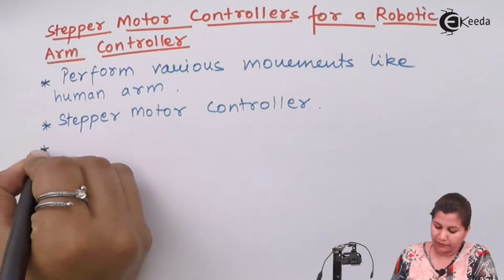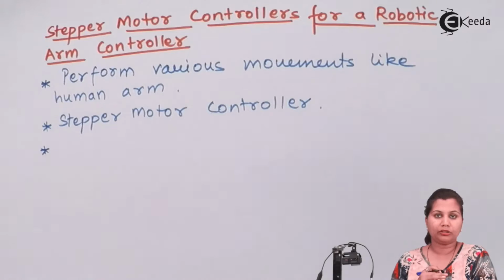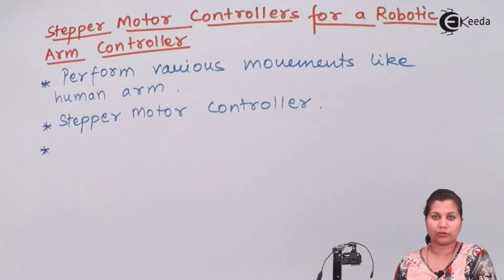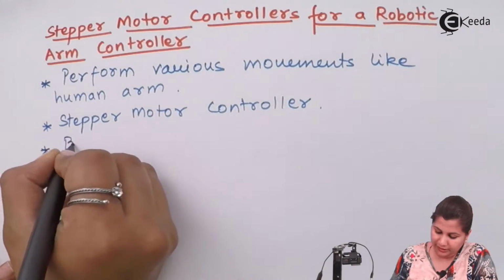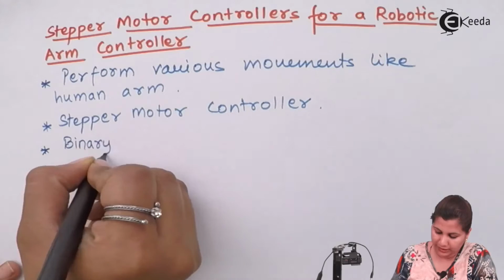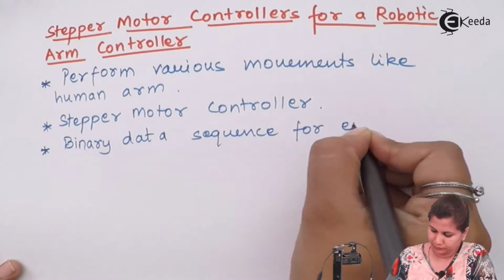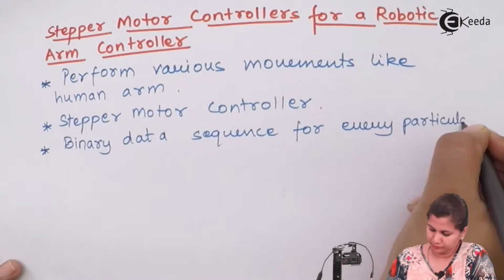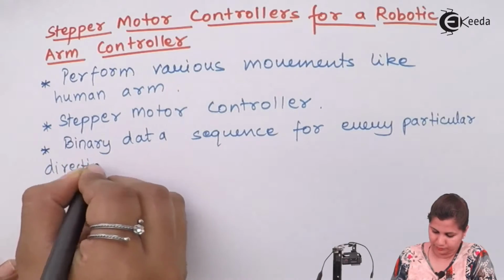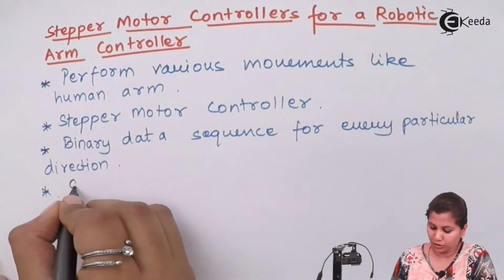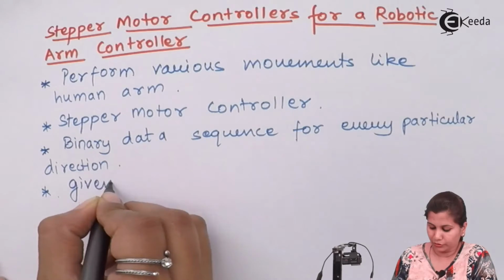Now, if we want to move the arm in a particular direction, to the left, to the right, or straight, we have to write the program for that direction. So for each movement there is a binary data sequence, that is, a program. And this binary data sequence is given to the port of the microcontroller.